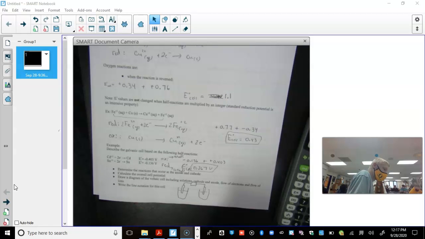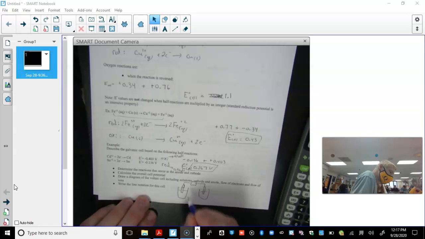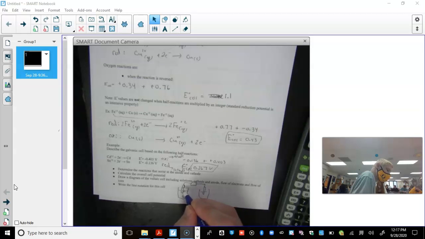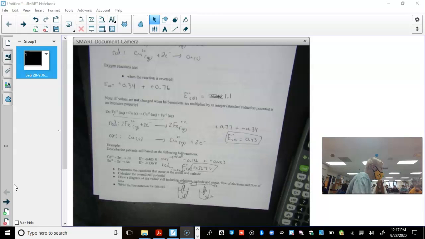I'm just going to pick one side. Let's do cadmium, and then we've got cadmium 2+. The cadmium side was oxidation, the anode. The other side is the cathode, which is tin, and then tin 2+. And we've got to do fat cat. What's fat cat say?